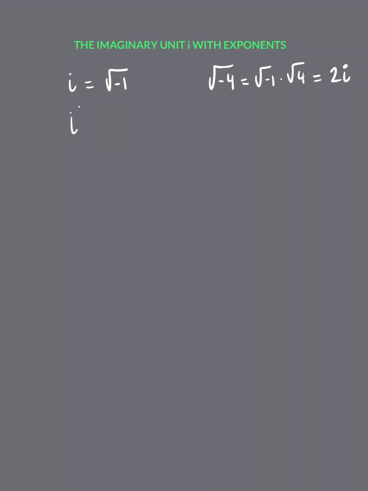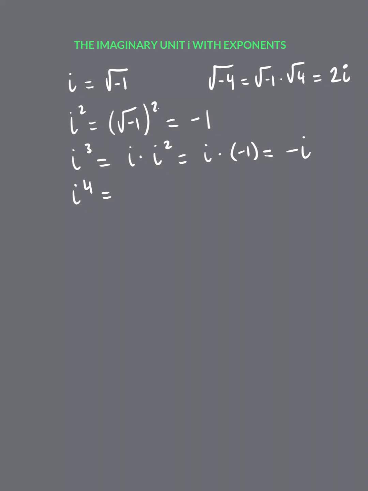i squared is equal to the square root of -1 squared, which is equal to -1. i to the third power is equal to i times i squared, which is i times -1, which is -i. i to the fourth is equal to i times i cubed, which equals i times -i, which equals -i squared.